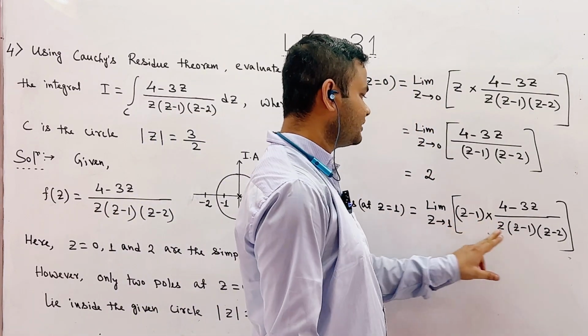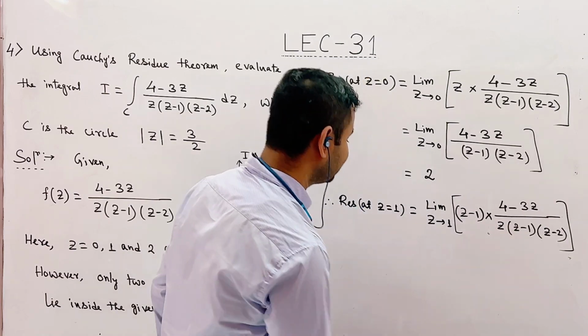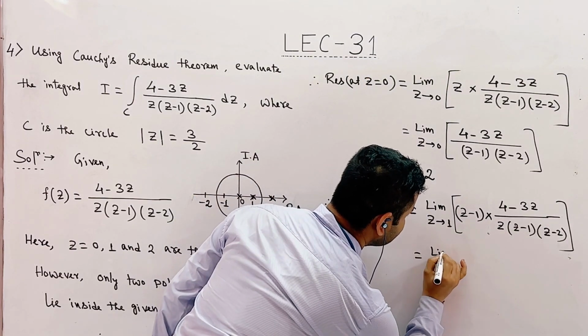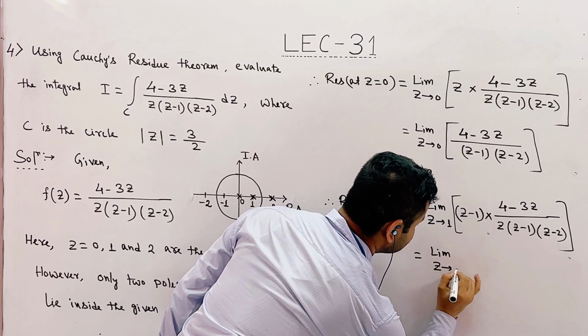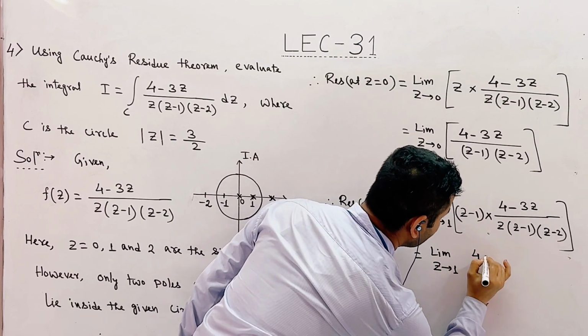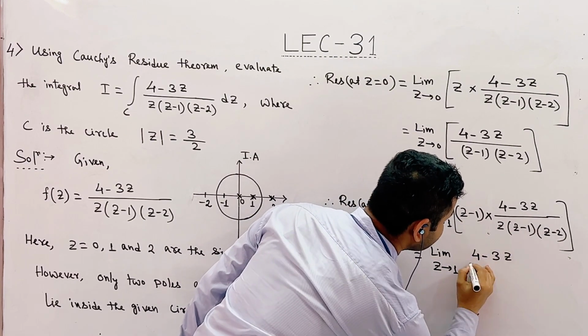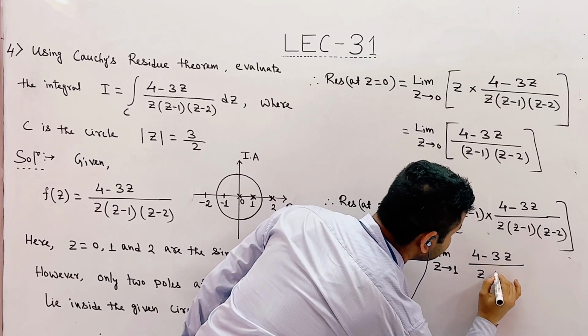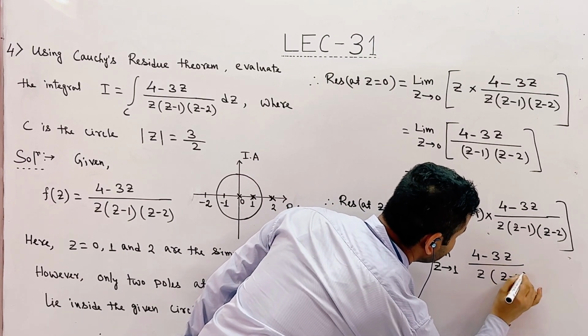This z minus 1 and this z minus 1 will be cancelled out. So finally we will get limit z tends to 1 of (4 minus 3z) divided by z into (z minus 2).